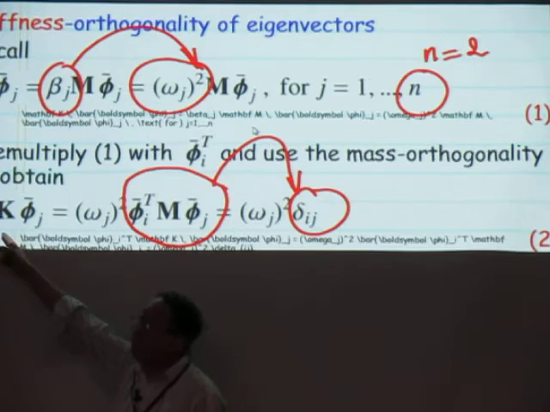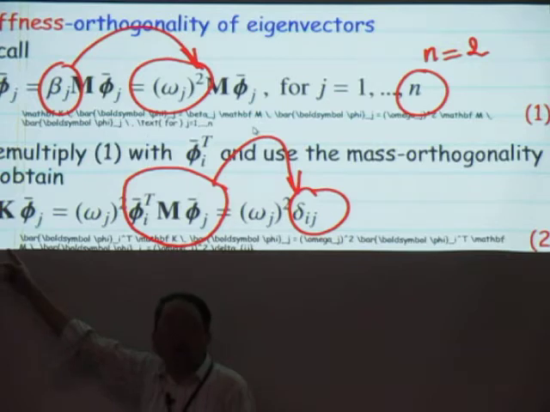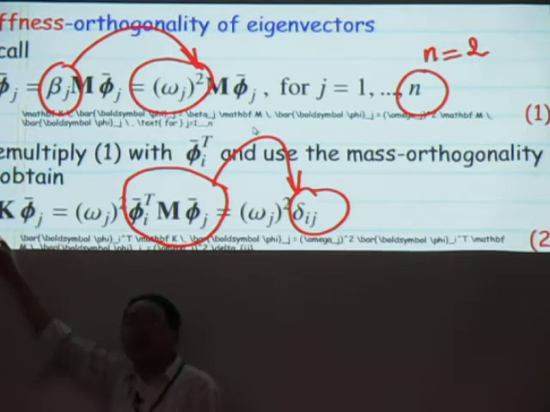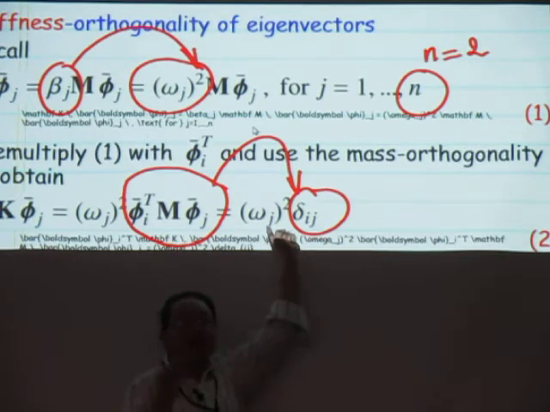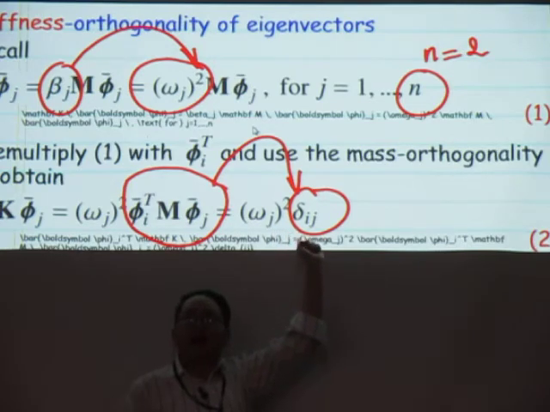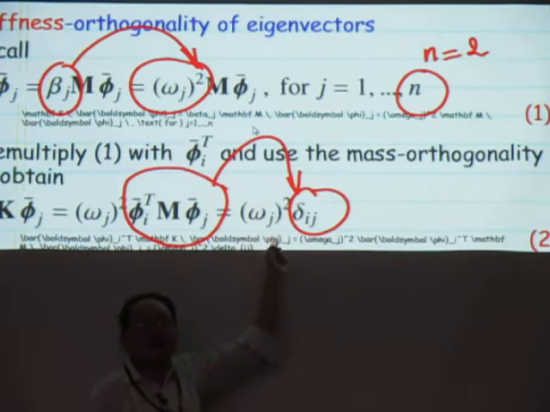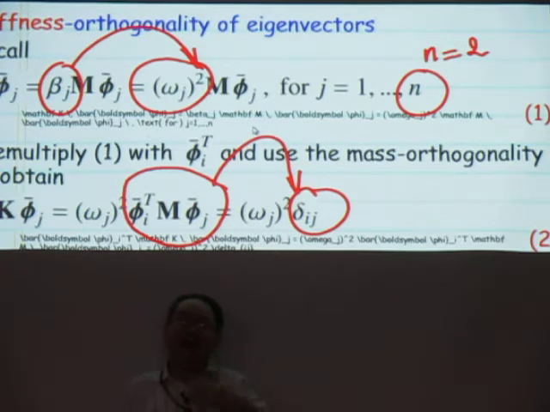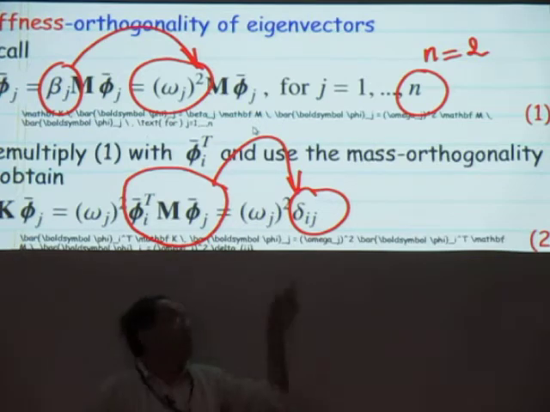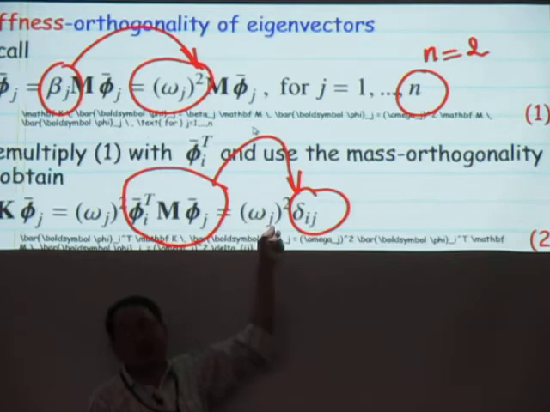Now you have shown that the eigenvectors are also orthogonal with respect to the stiffness matrix, but they are not normalized with respect to the stiffness matrix, because these coefficients, which are actually the eigenvalues, are not equal to 1 in general.